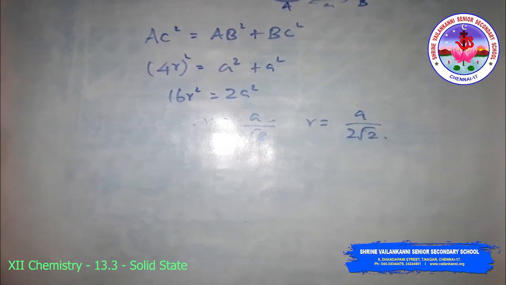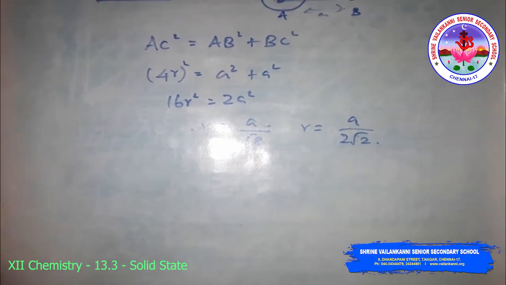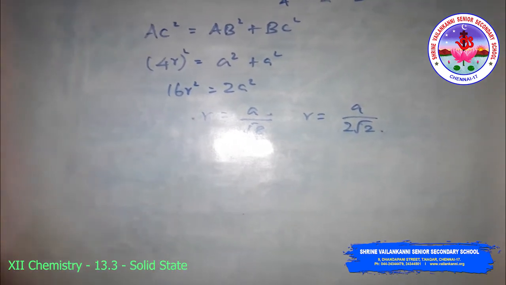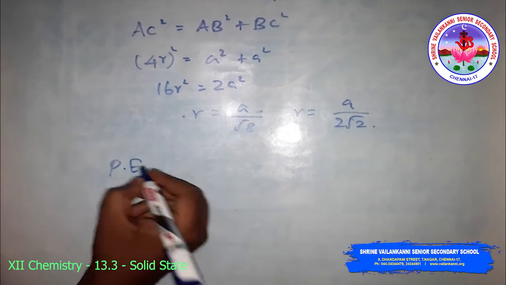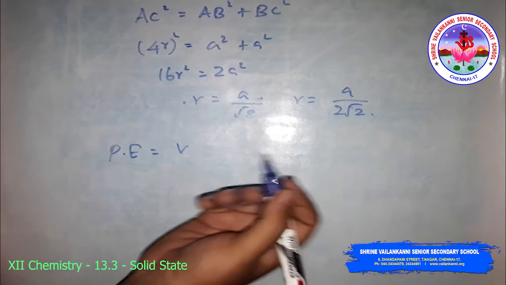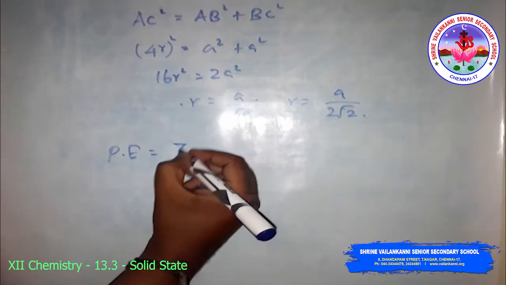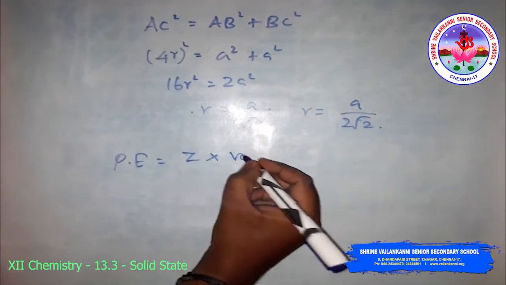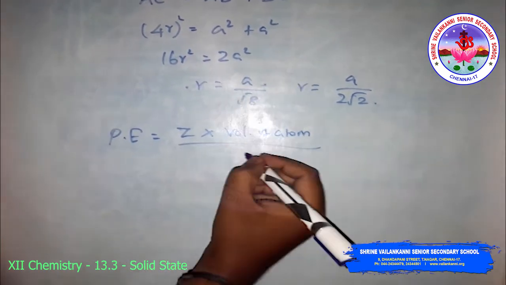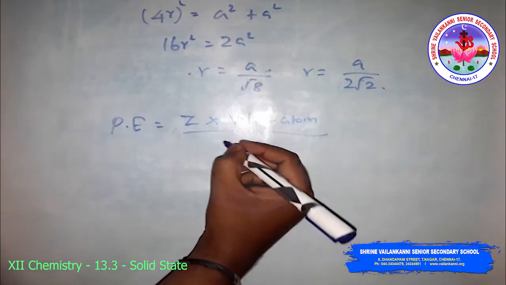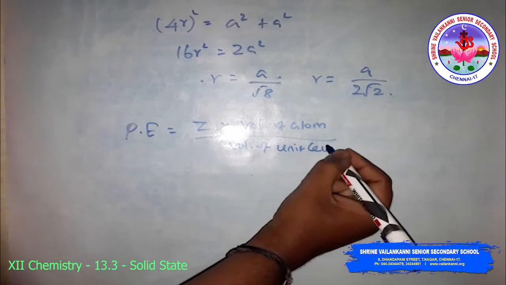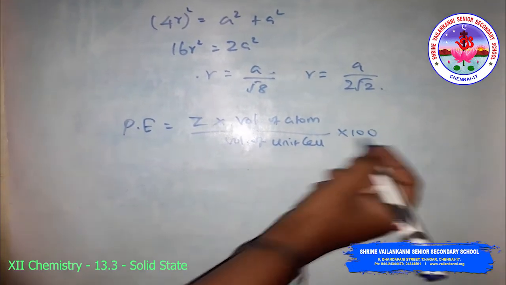Now let us calculate the packing efficiency of FCC using this radius. Now the packing efficiency is equal to volume occupied, that is Z into volume of atom, divided by volume of unit cell, into 100.